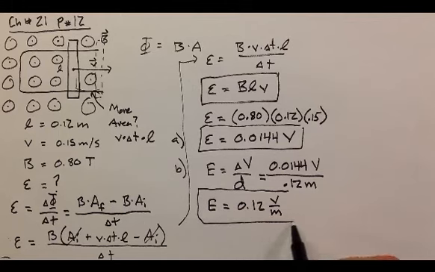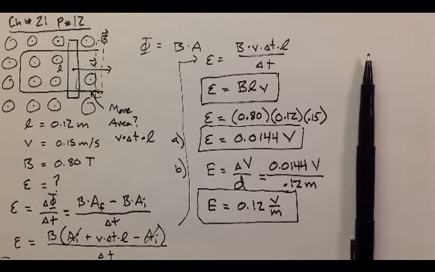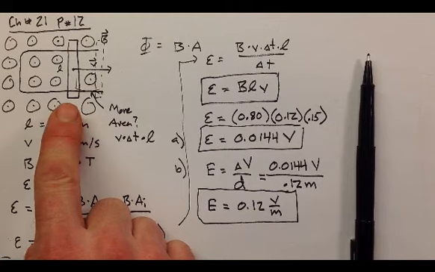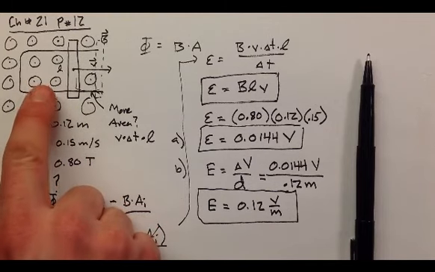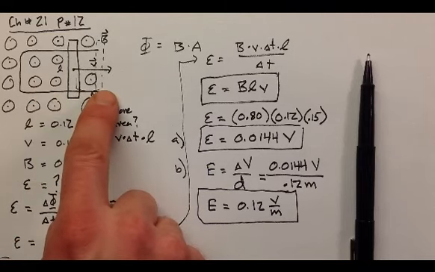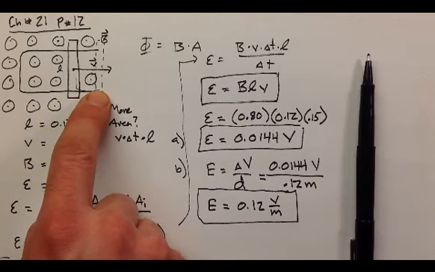But we're not quite done because we need to know a direction here of the electric field. So let's find out the direction here. So I have a flux pointing out of the page. As this bar moves to the right, the amount of flux is increasing out of the page.